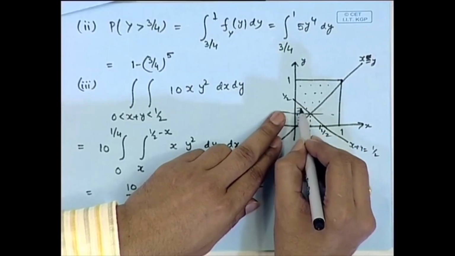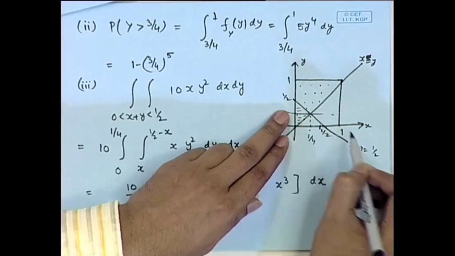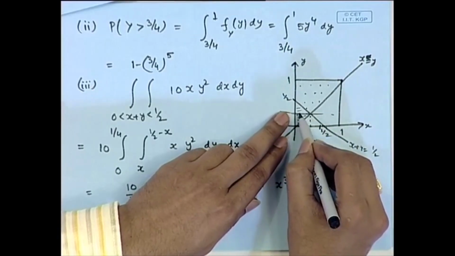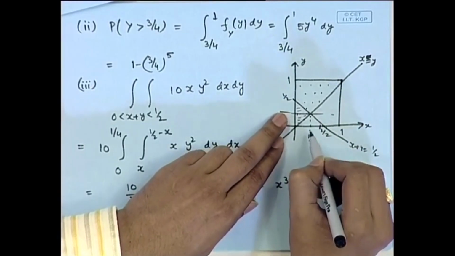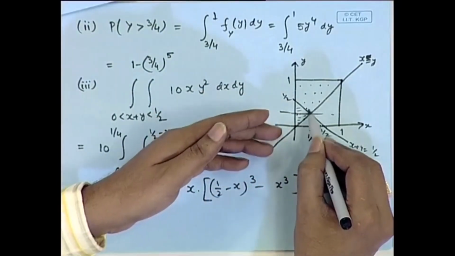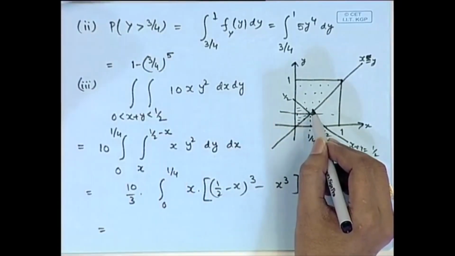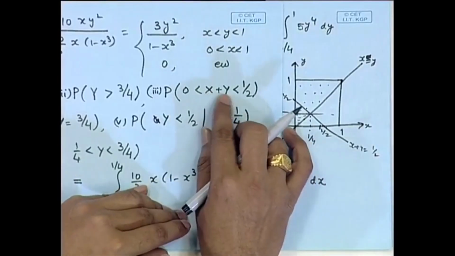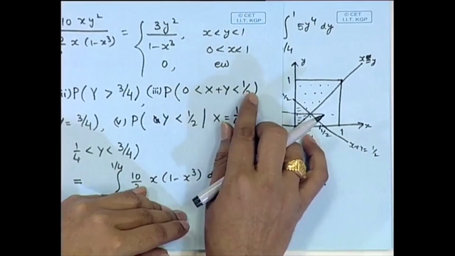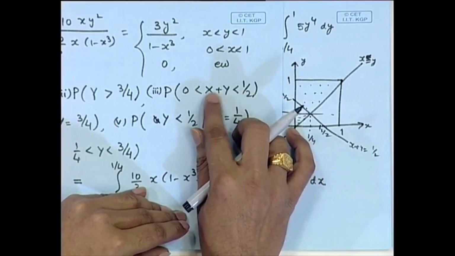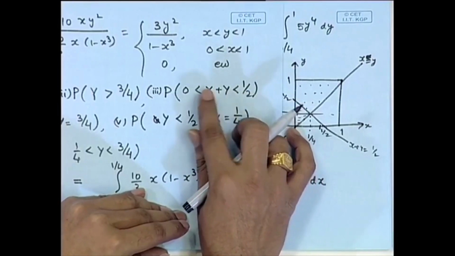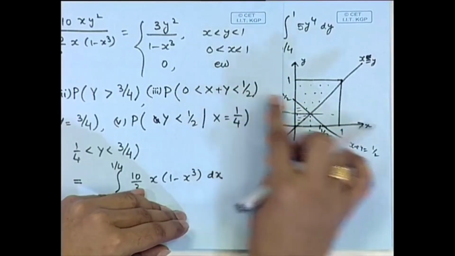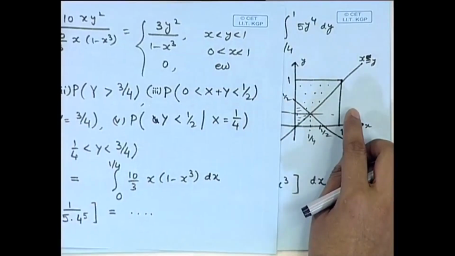In this portion x is from 0 to half minus y and y is from 1 by 4 to half. If we do not see carefully this region, then we might have integrated from, say, 0 to half minus y for x and then for y between 0 to 1, etcetera. So, that would have been a wrong region here.